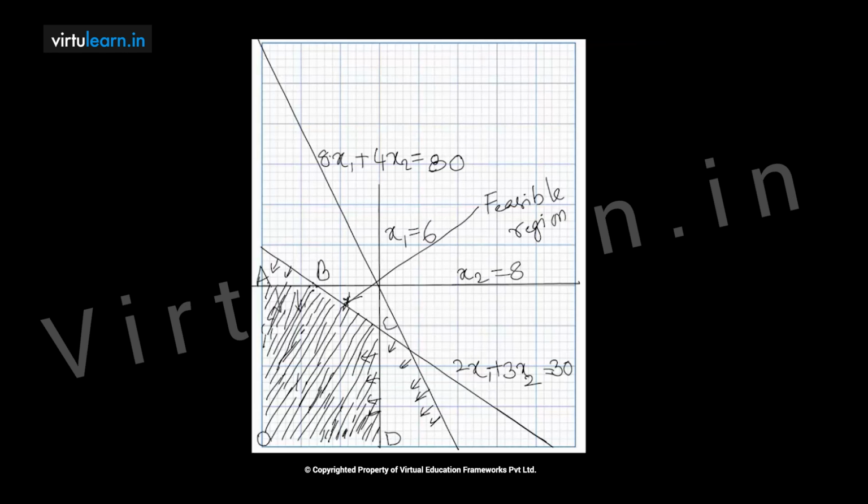So this area is the only common area for all these lines, for all these values. That means it is satisfying every constraint, every limitation. That is the reason we identified this region. So that is how we have found it.